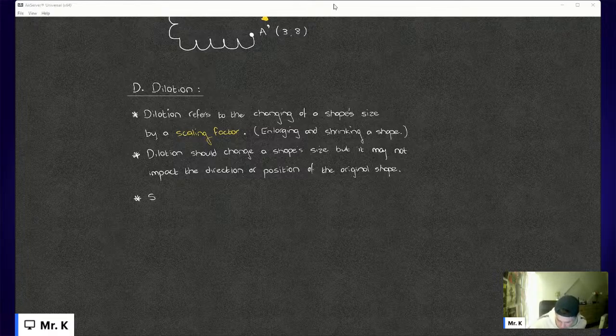Right, so let's talk about this concept called a scaling factor.